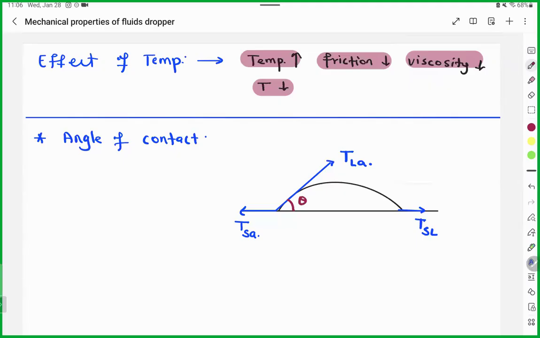It is the angle between the tangent to the liquid surface at the point of contact and the solid part inside the liquid. So the angle between the tangent and the solid surface will be known as the angle of contact, theta.